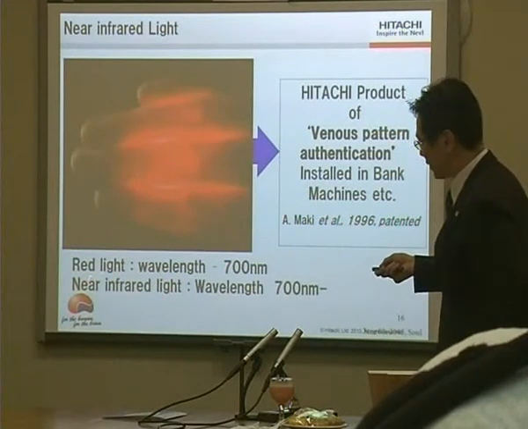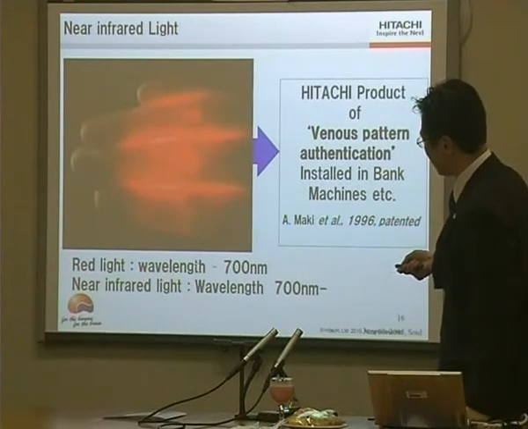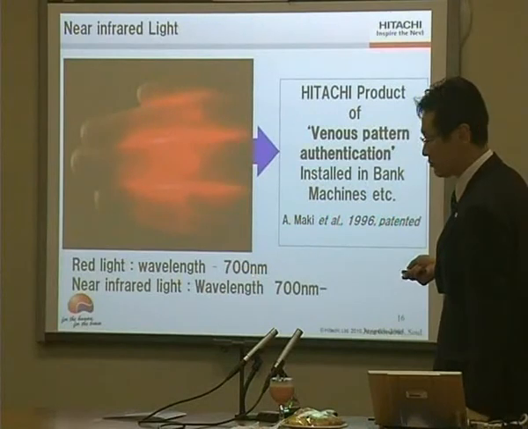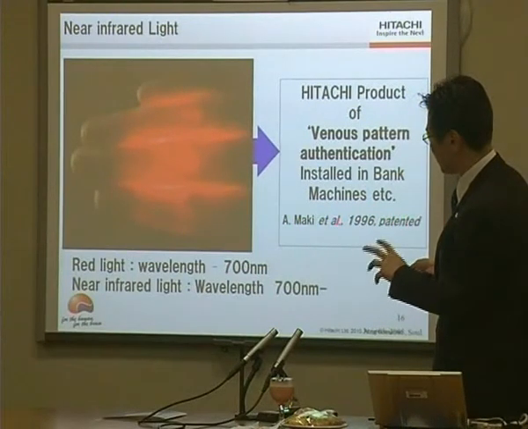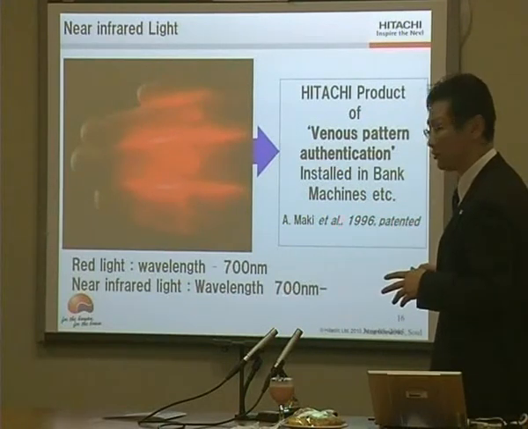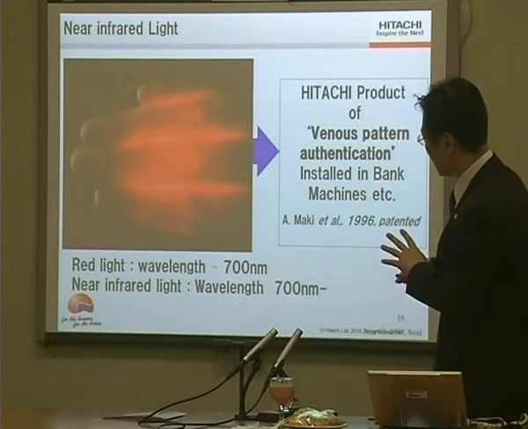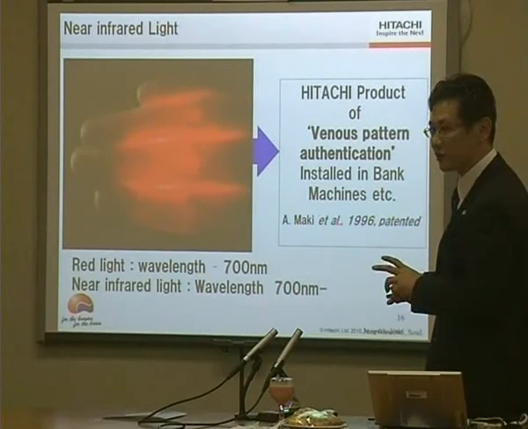Actually, visible red light has a wavelength under 700 nanometers. And in this measurement, we are using a little bit longer wavelength than 700 nanometers. And this has the highest permeability against human tissue.